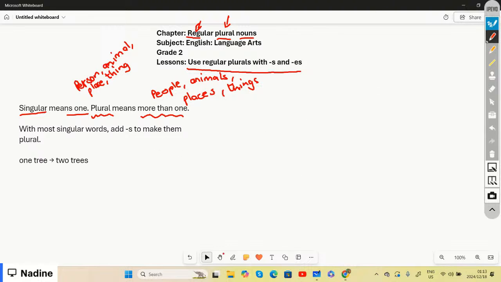All right. So when it comes to most of our singular nouns, that refers to one person, one animal, one place, one thing, with most of our singular words, we just need to add an S to make them plural. So we can add S or we can add ES depending on the type of word, and that is to make it plural. If you look at an example, it's like saying one tree. I say one tree.